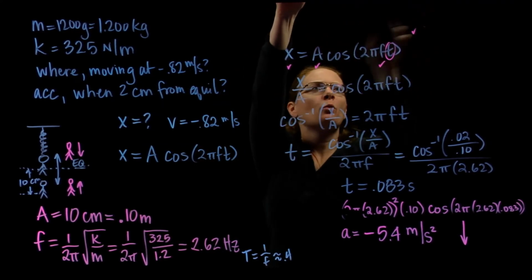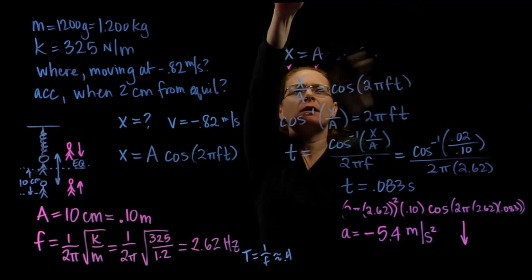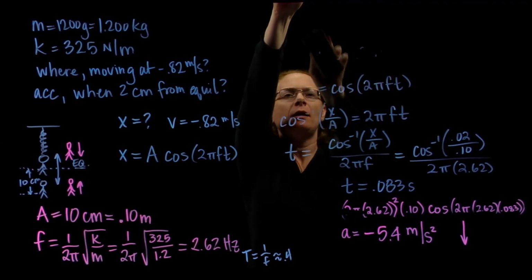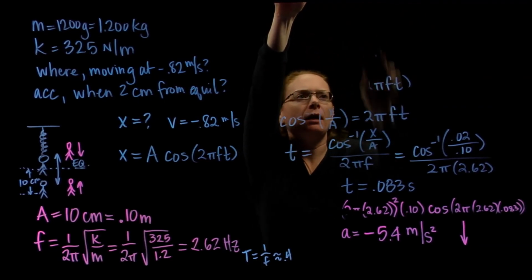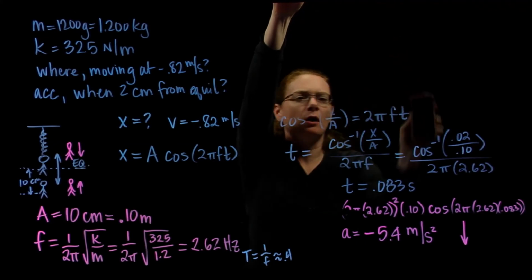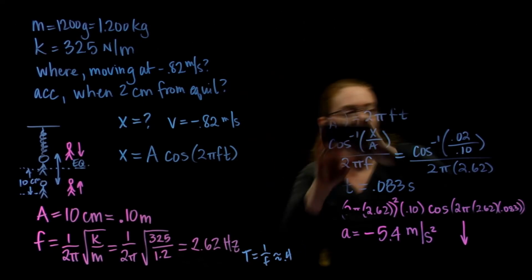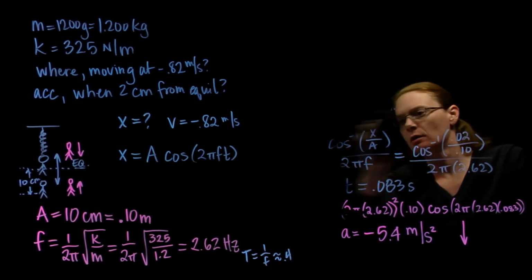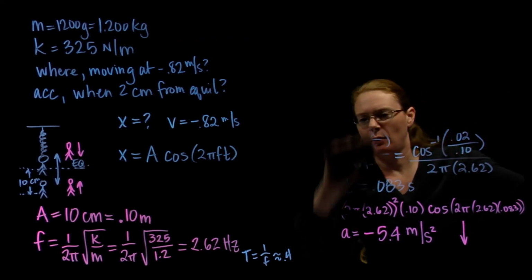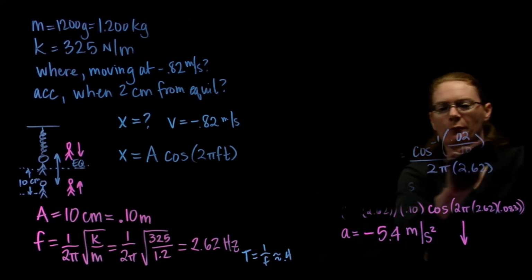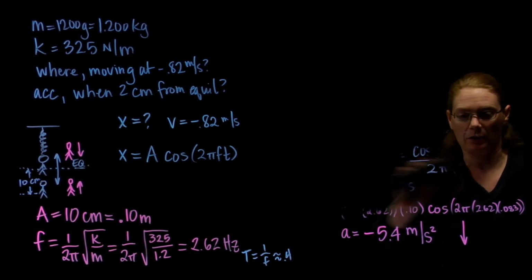One of the ways you can check to see if numbers are making sense is to figure out if your numbers are all smaller than the maximum that these numbers can be. So I want to figure out what the maximum values of position, velocity, and acceleration are.